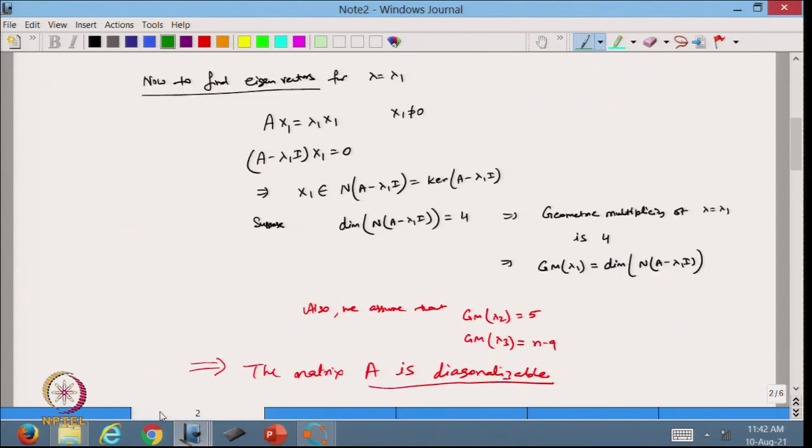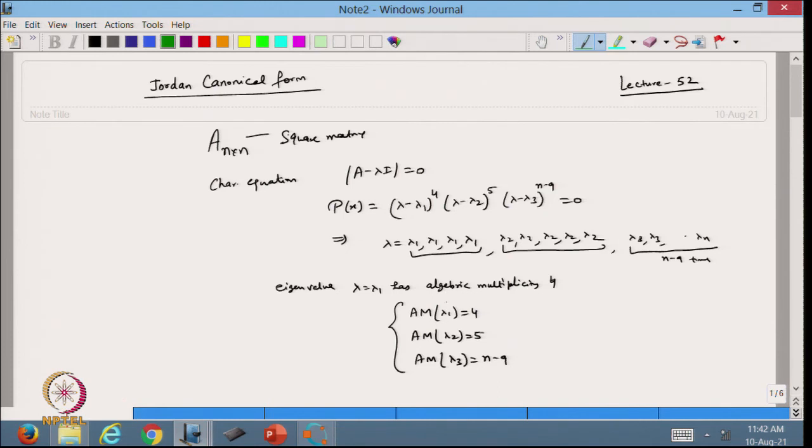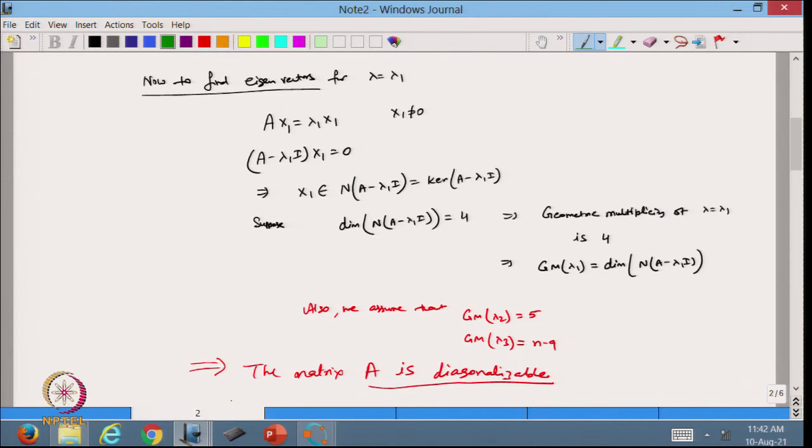We have also seen in the starting that if the algebraic multiplicity of the eigenvalue is the same as the geometric multiplicity, then the matrix A is always diagonalizable.